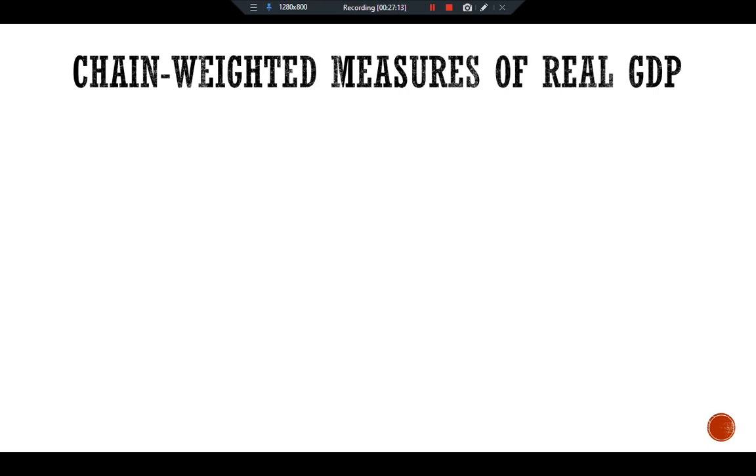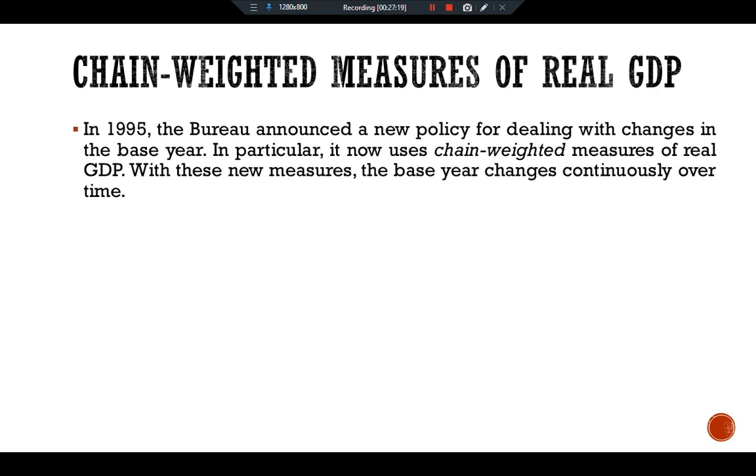While talking about the chain-based method of real GDP, in 1995 the Bureau announced a new policy for dealing with the changes in the base year. In particular, it now uses chain-weighted measures of real GDP. With these new measures, the base year changes continuously over time.